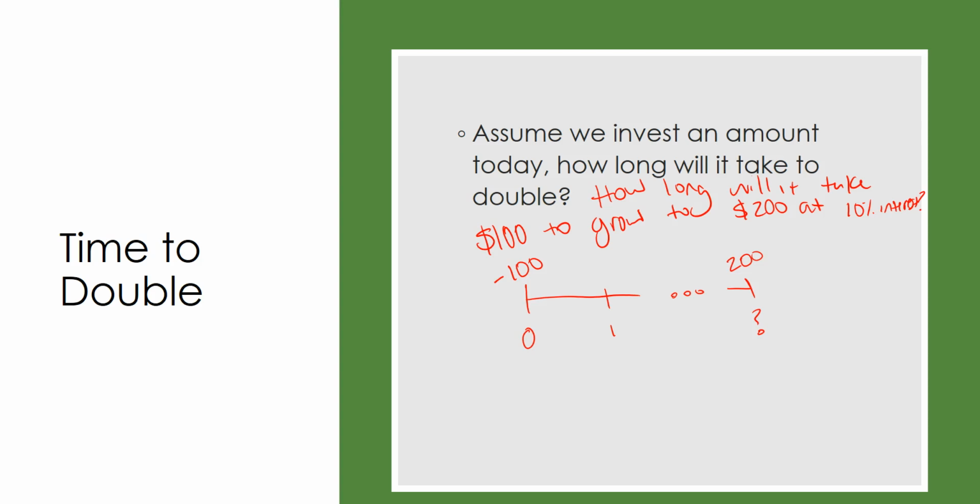So now that we have it on a timeline, it looks very similar to those problems we just worked. Now looking at the timeline, we can easily pull off our present value. It's a negative 100. Our future value is 200. Our interest rate is 10%. And our payment, we're still assuming that that's 0.